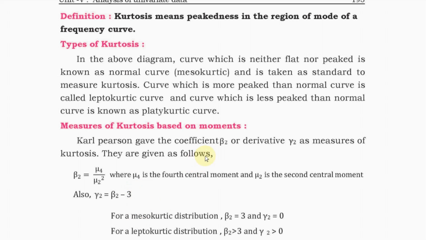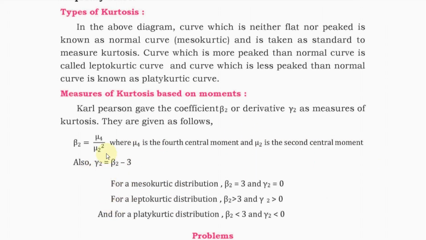Mu2 is the variance formula. Mu3 refers to skewness, and mu4 helps in finding the kurtosis coefficient. So beta 2 is equal to mu4 divided by mu2 square, where mu4 is the fourth central moment and mu2 is the second central moment. Its derivative gamma 2 is beta 2 minus 3.